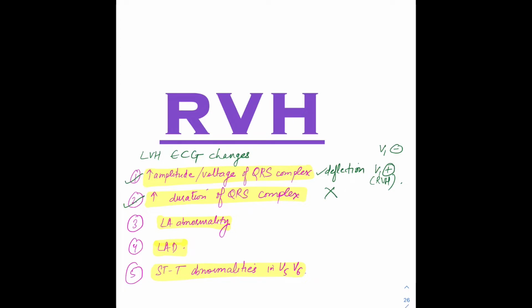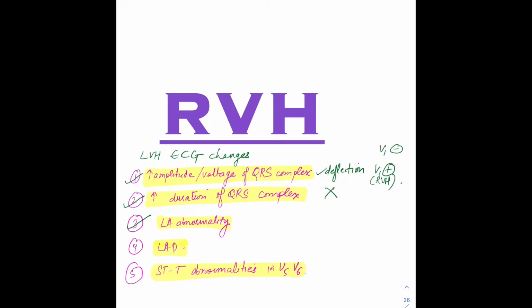Therefore, it is still thinner than the left ventricle most of the times. Even though it's not always the case, sometimes you can really have a thickened right ventricle, but that's not in most of the cases. So therefore, the duration of the QRS complex does not change most of the times in case of right ventricular hypertrophy.